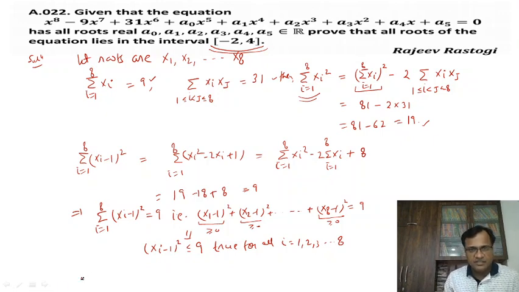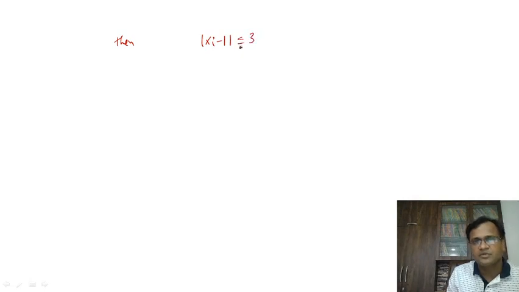And if we take the square root, then after taking the root, what we can write? We can write mod of (xi minus 1) is less than or equal to 3, and this result holds true for all values of i varying from 1 to 8.